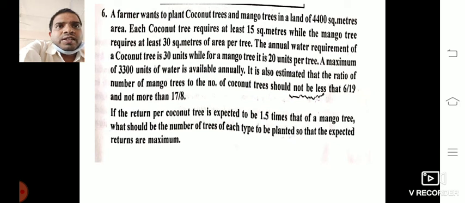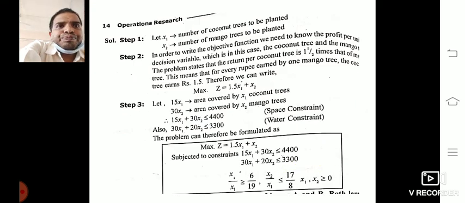A maximum of 3300 units of water is available annually. It is also estimated that the ratio of the number of mango trees to the number of coconut trees should not be less than 6/19 and not more than 17/8. If the return per coconut tree is expected to be 1.5 times that of the mango tree, what should be the number of trees of each type to be planted so that the expected returns are maximum?